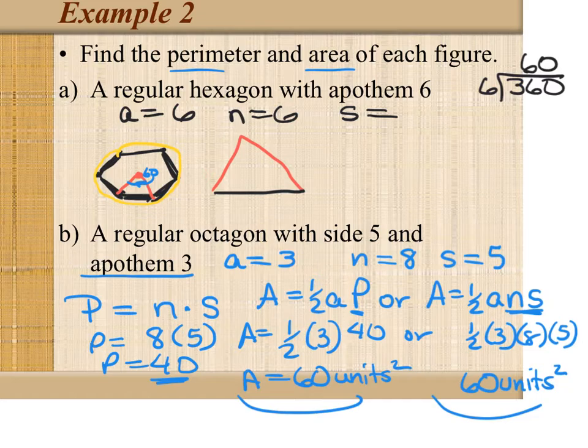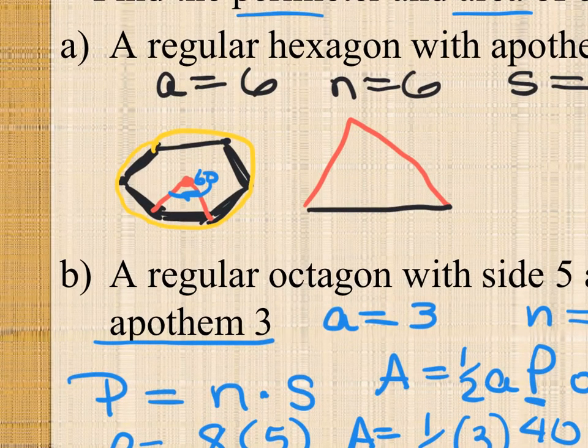I'm also going to draw in my apothem. Remember, your apothem goes from the center to the side of the polygon. I know this is a little crooked, but we get the idea. Okay, so the apothem forms a right angle. Remember, my central angle was 60 degrees.